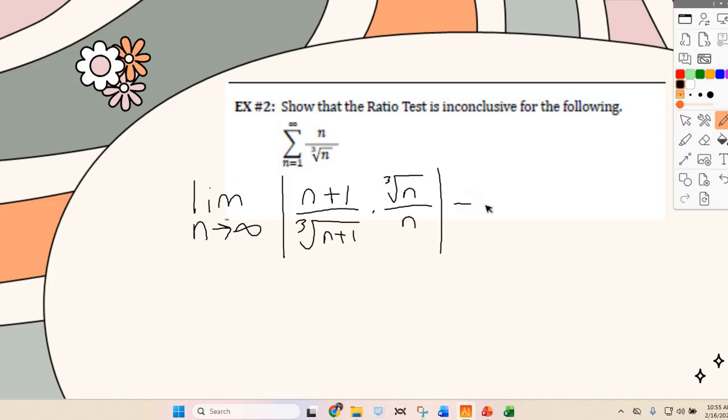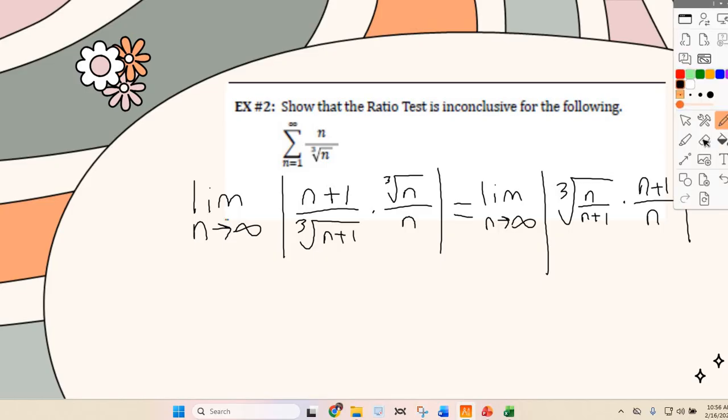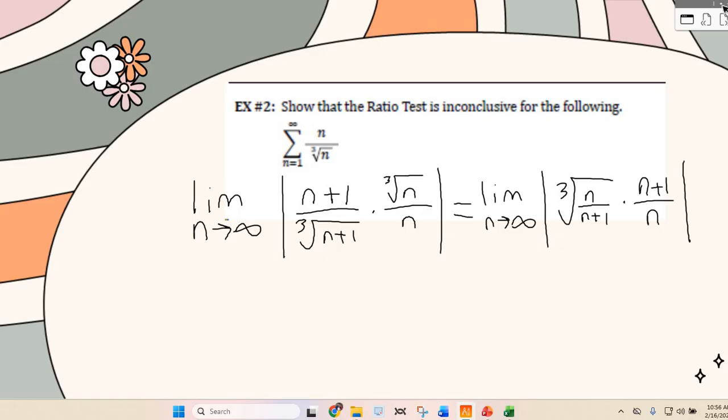However, I still do want to put them together, and also group my other two together, so n plus 1 divided by n. Are we okay with that? I haven't done anything besides just rewriting it a bit.